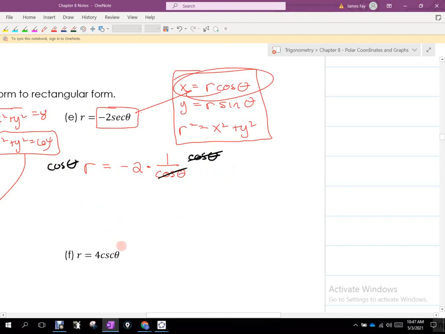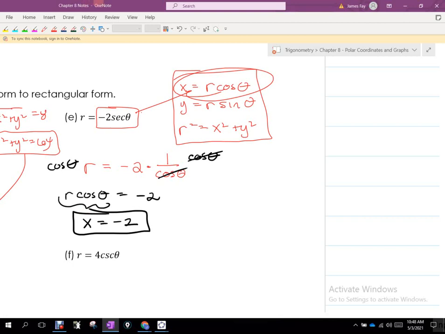Cosines cancel right there, right? What am I left with on the right-hand side? r cosine theta, which is x. What am I left with on the right-hand side? -2. x equals -2. Okay. x equals -2. Now, I would probably argue here, and that's a lot easier of an equation to deal with than what that one was.